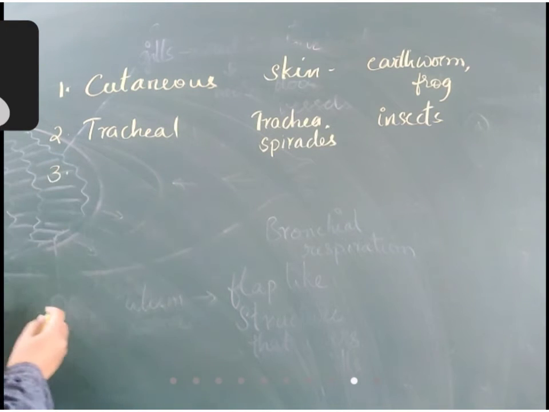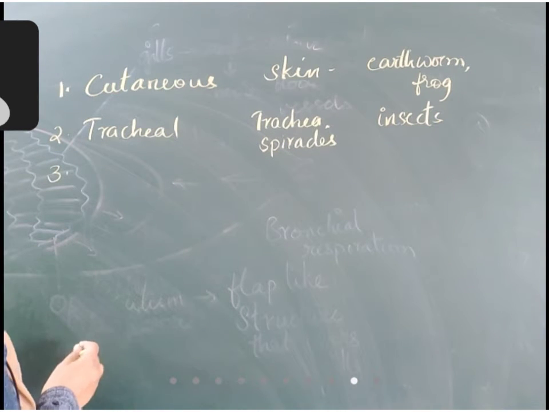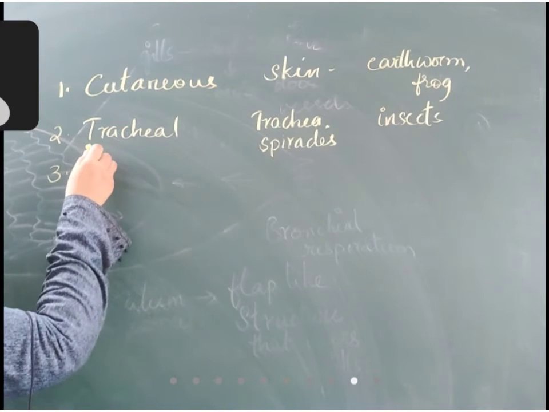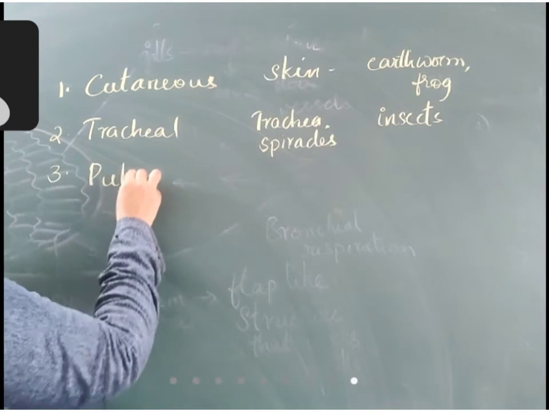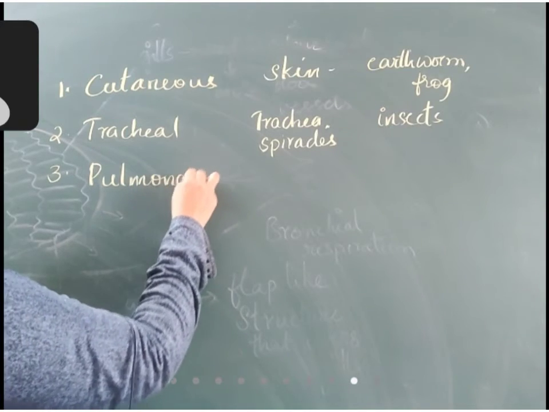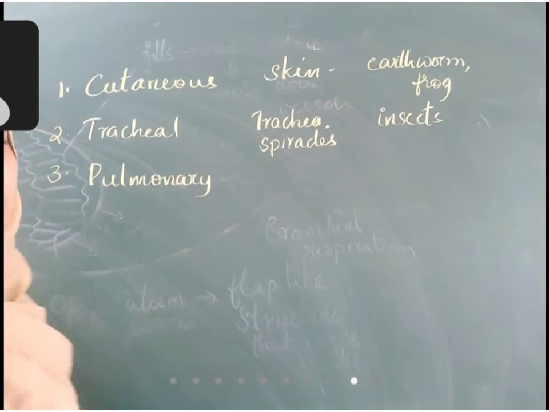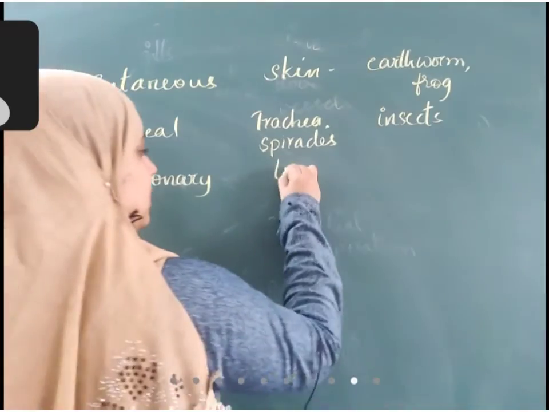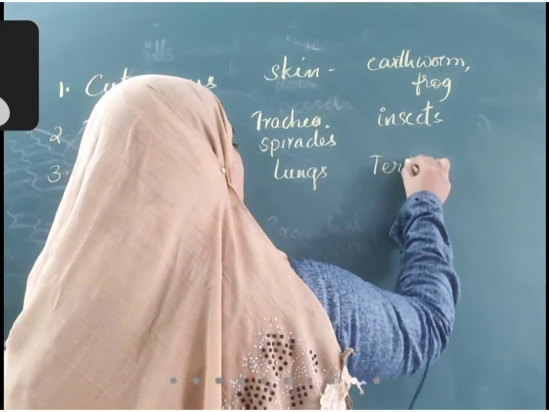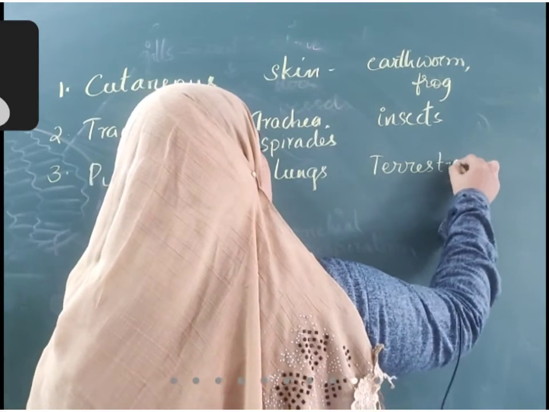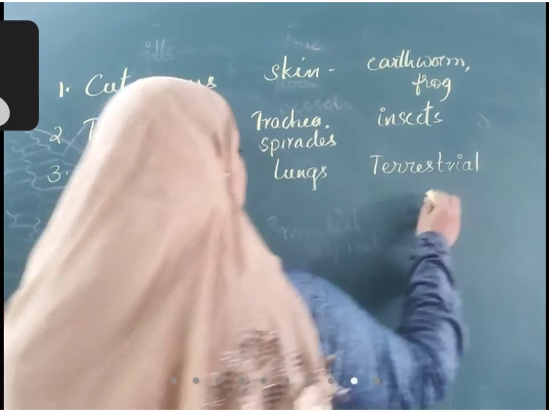Third one, pulmonary respiration. What is the organ of respiration? Lungs. In which organisms? All terrestrial organisms, all organisms that live on land.